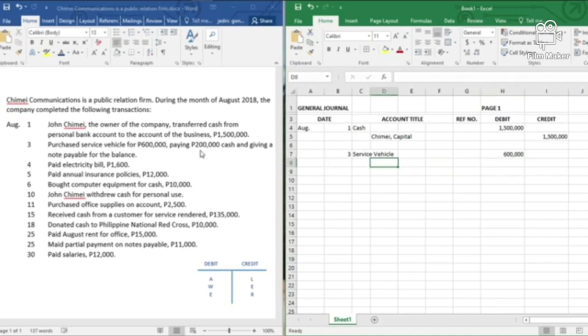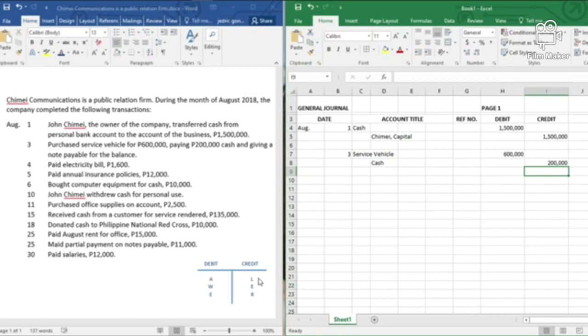Then, nagbayad ng 200,000 cash yung company. So, nagbayad sila, nawalan sila ng cash. Cash is an asset. Kapag nawalan ka ng cash, i-credit mo siya. So, let's have cash here. Indent mo siya kasi this is credit. Cash of 200,000. Ang sabi, yung remaining, which is 400,000, under note payable.